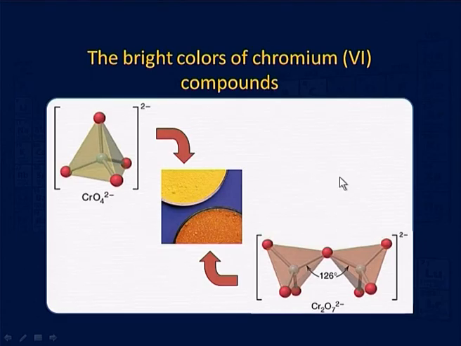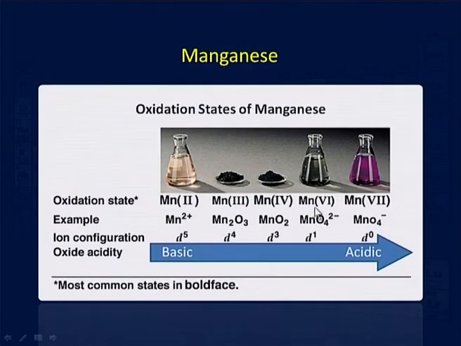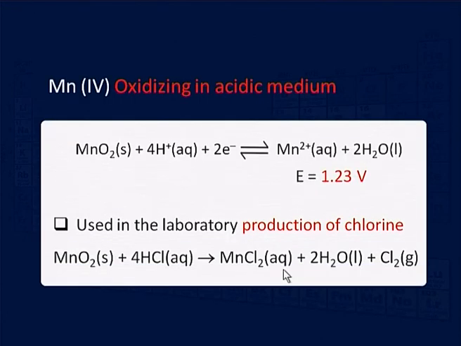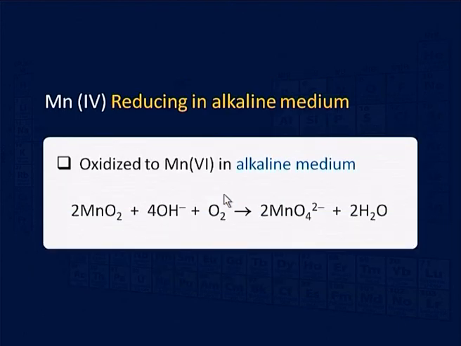Manganese also can have +2 to +7 oxidation states, as we have just seen in different colors. In acidic medium, you can have manganese in the +4 oxidation state and it can be reduced to 2+. In alkaline medium, manganese has the +6 oxidation state.